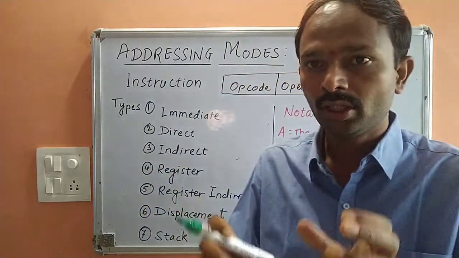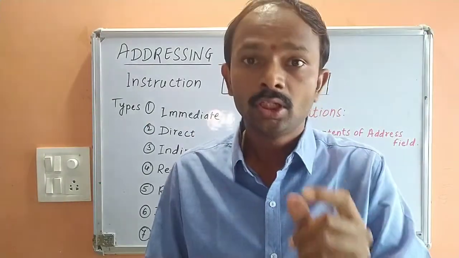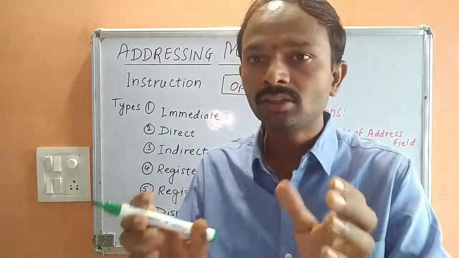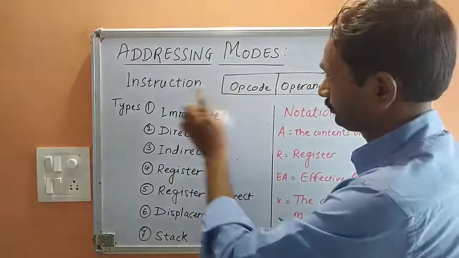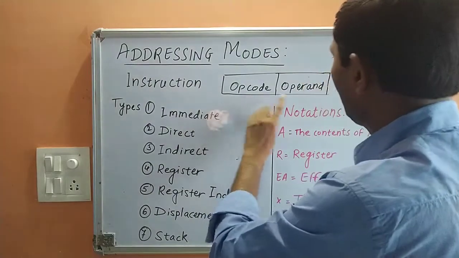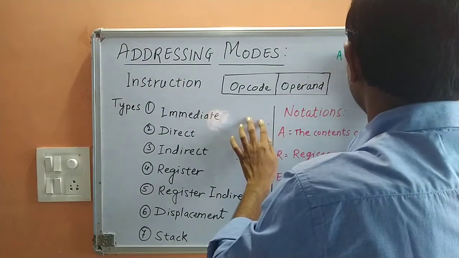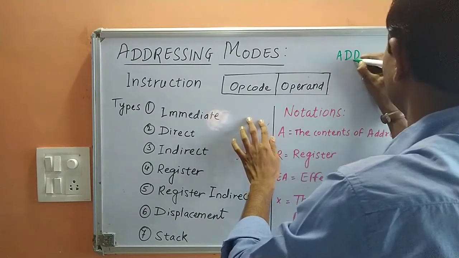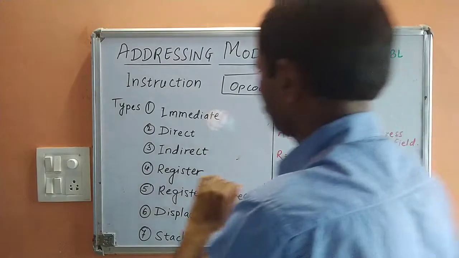Every instruction is a group of words, and every instruction has a specific format: it has an opcode and an operand. For example, we have the instruction add AL, BL.